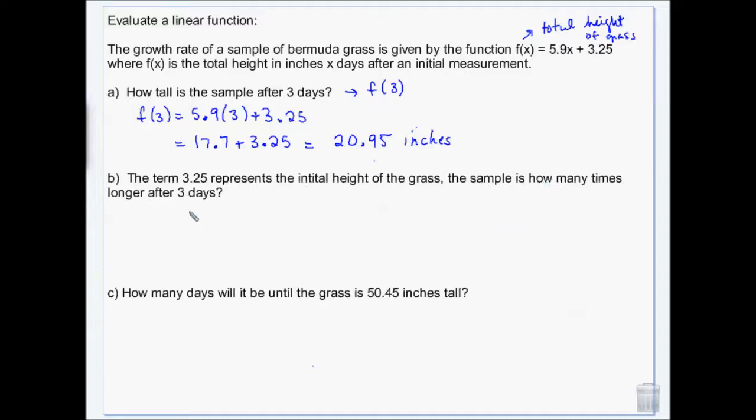So how many times longer is it after 3 days? Well, to figure that out, we take the new height and divide it by the original height.